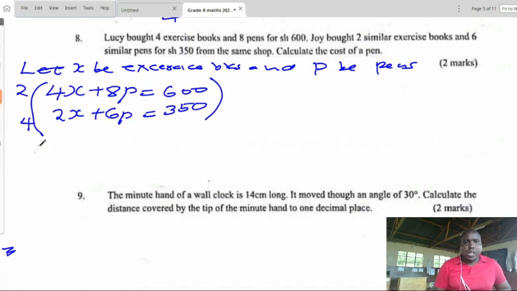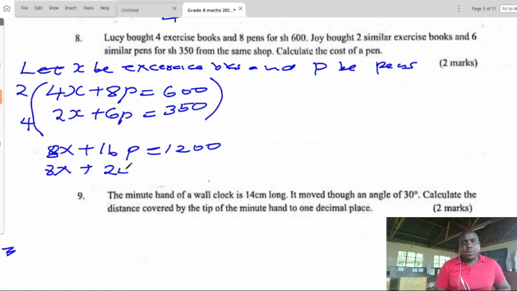So 2 times 4X will give 8X, plus 2 times 8P is 16P, equal to 1200. For this one, 4 times this, we will have 8X plus 4 times 6, 24P, equal to 4 times 350, which gives us 1400.